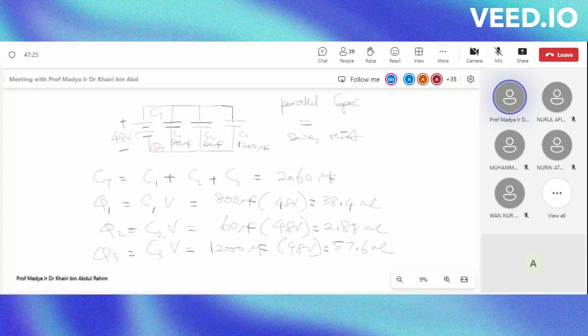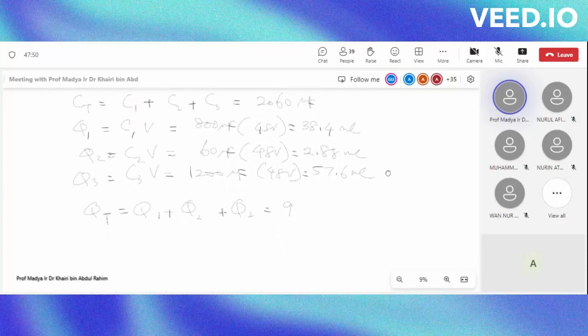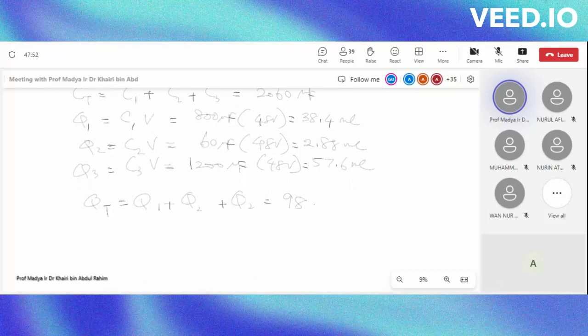Okay, so total, this is total charge, okay? So it's 38.4 plus 2.88 plus 57.6 equals to microcoulomb, right?